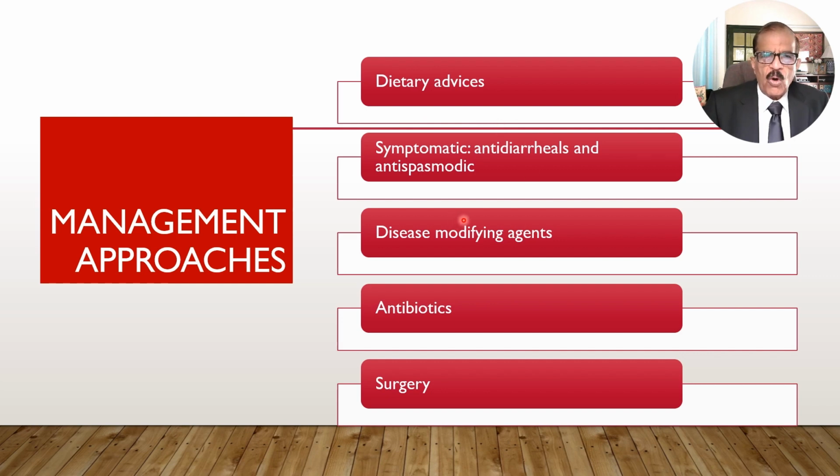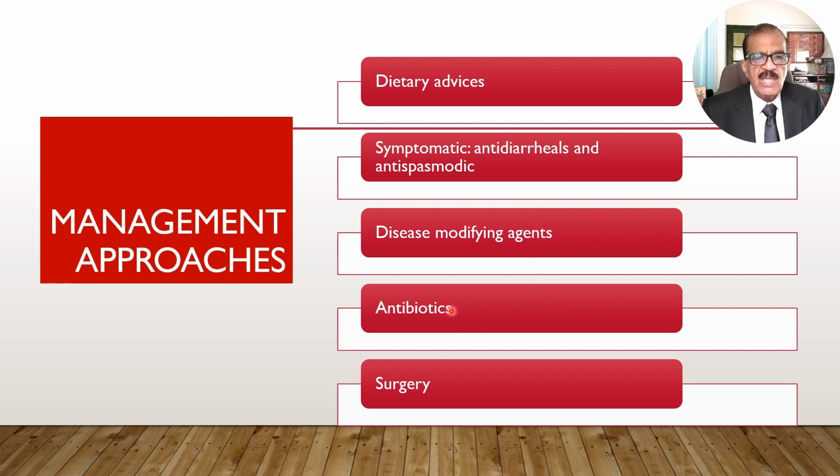We also offer symptomatic treatment like anti-diarrheals and antispasmodics. To control diarrhea, we can give anti-diarrheals, but we do not want to stop their diarrhea completely, because that might increase the risk of paralytic ileus. So we just want to make them less symptomatic by giving a moderate dose of antidiarrheals, and then antispasmodics to relieve abdominal pain as and when necessary.